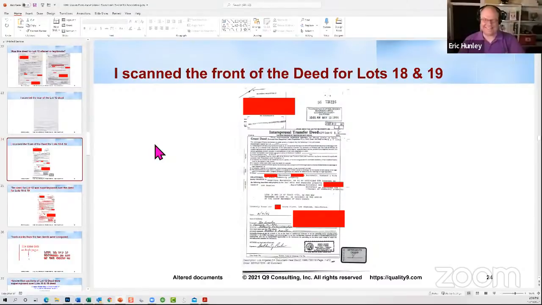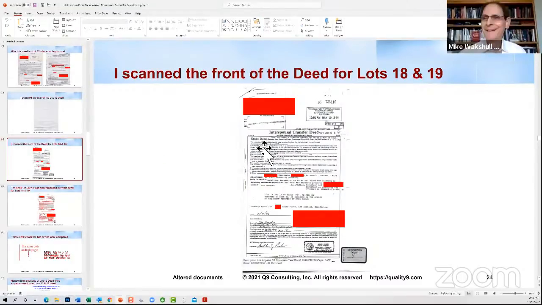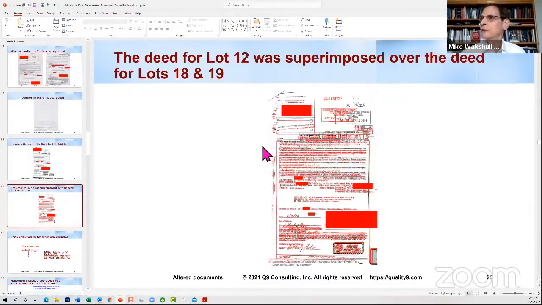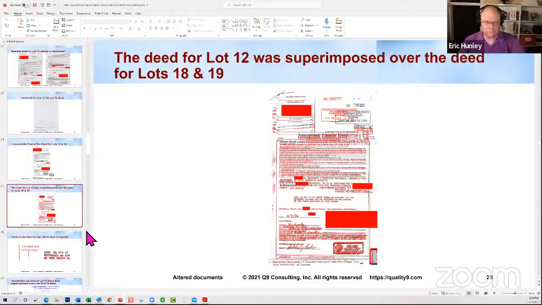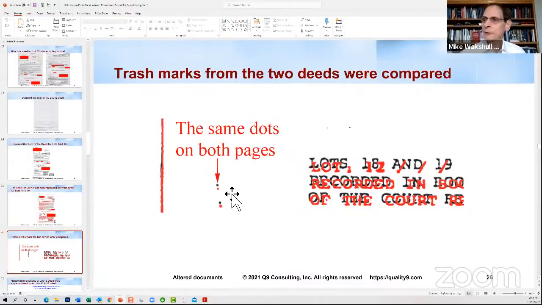Okay. So there's this other uncontested deed for lots 18 and 19, an interspousal transfer deed. And what I did, using Photoshop, is overlay one on top of the other, just to see how well they comport. I'm going through this quickly, but there's something called a trash mark.